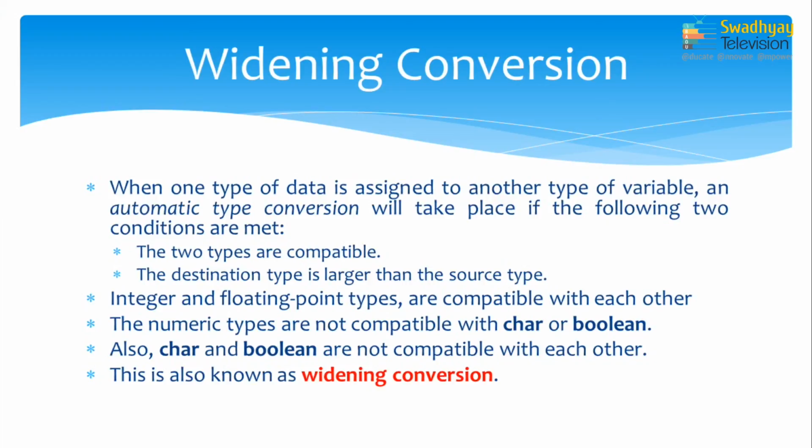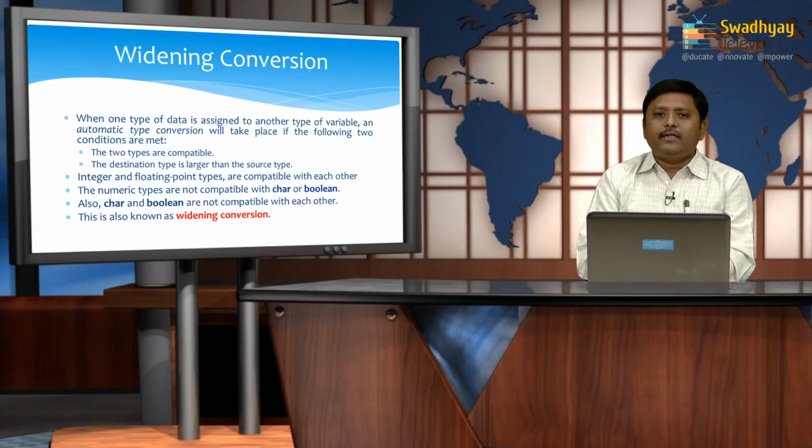The numeric types are not compatible with character or boolean, and character and boolean are not compatible with each other because they cannot accept values which are stored in one another. In this case we have no issue because we are using compatible types and we are storing a small data type value into a large data type.